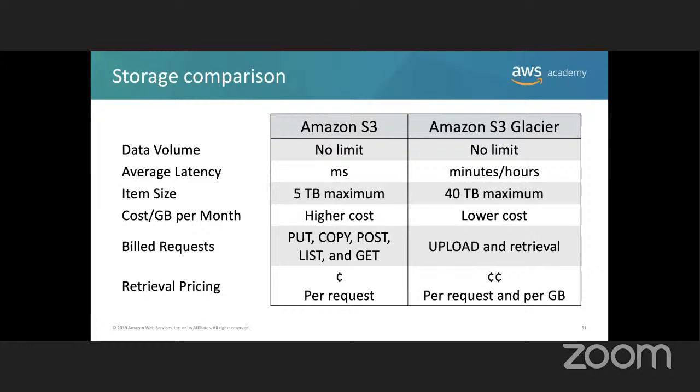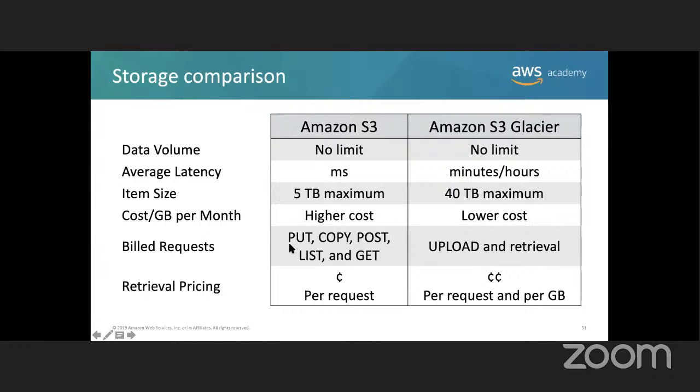The maximum you can upload per object is 5 terabytes for S3, and Glacier is 40 terabytes maximum per object. So it's much bigger. The cost per month is going to be higher for Amazon S3, and lower for Glacier. So Glacier is a more affordable and cost-efficient storage option.